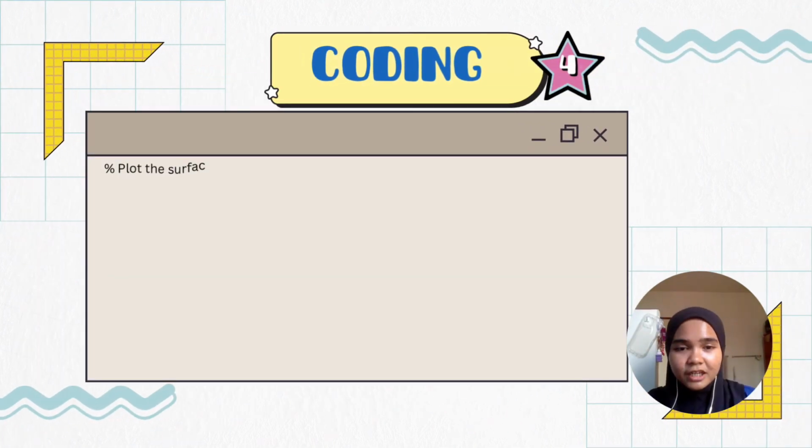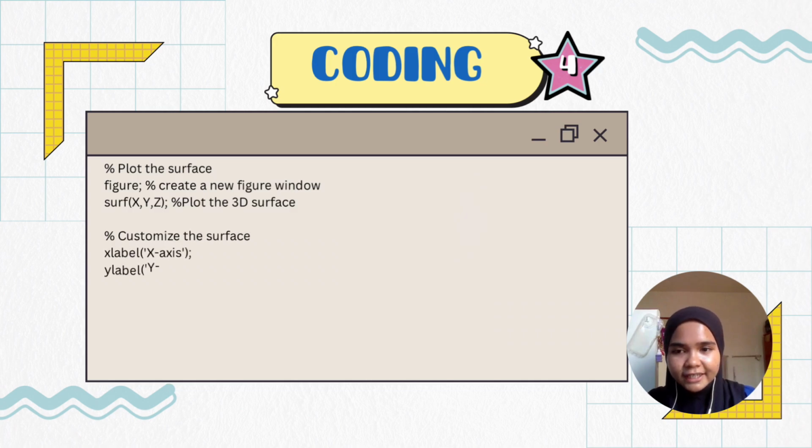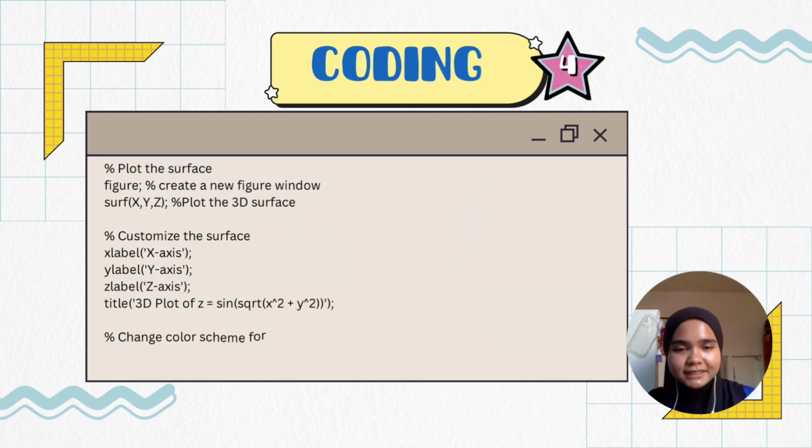And now I want to plot the surface. So first I write figure because I want to create a new figure window for the surface, and I use surf of capital X, capital Y, capital Z to plot the 3D surface, as I used meshgrid just now. And then I customize the surface by adding xlabel for the X axis, ylabel for the Y axis, and zlabel for the Z axis.